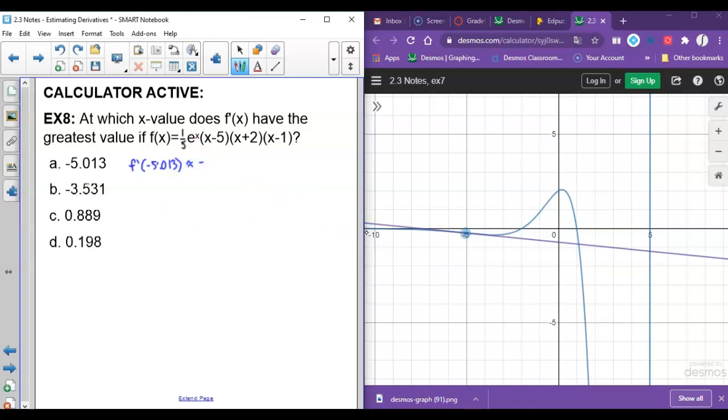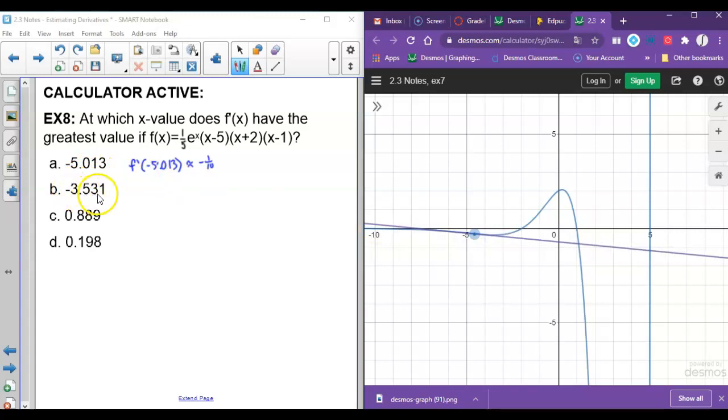Let's see. Down 1, 2, 3, 4, 5, 6, 7, 8, 9, 10. Maybe about -1/10. That's a really gentle negative slope. Probably that's going to be good enough for us to know. If they ask you to guess like this, they'll give you ones where there's some difference.